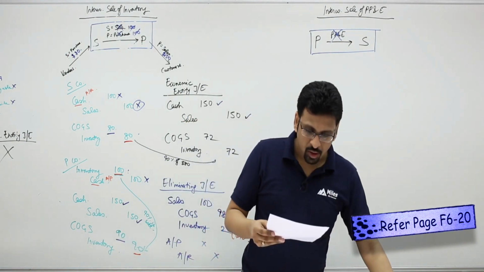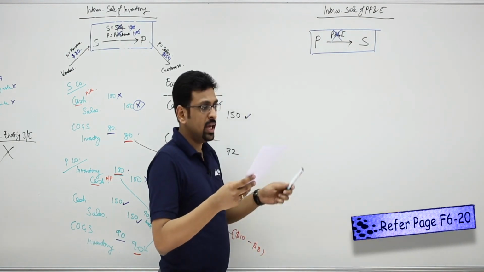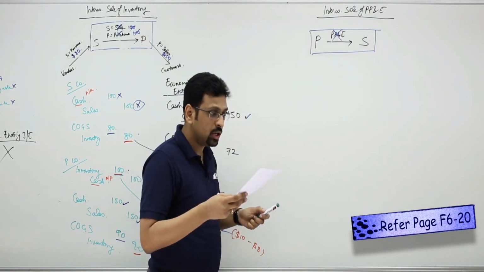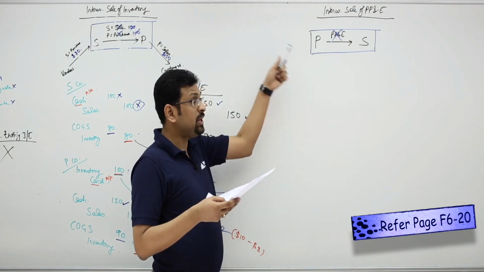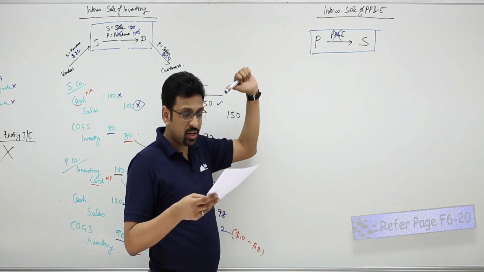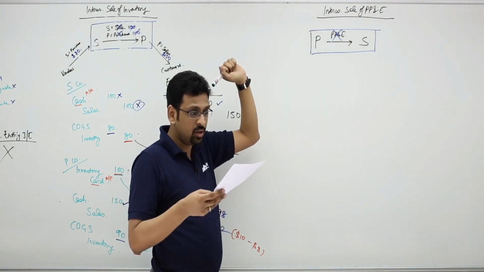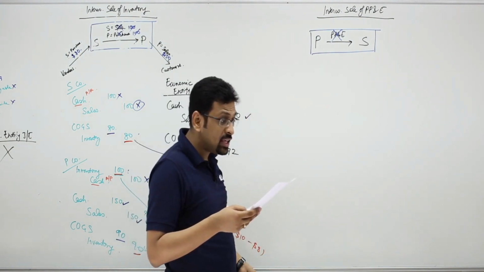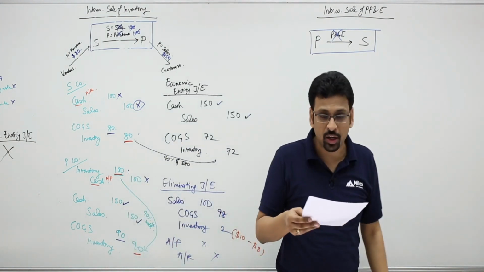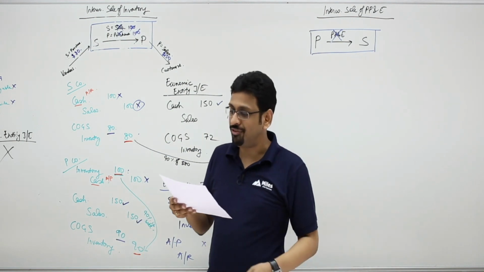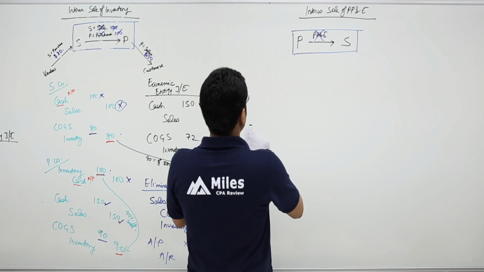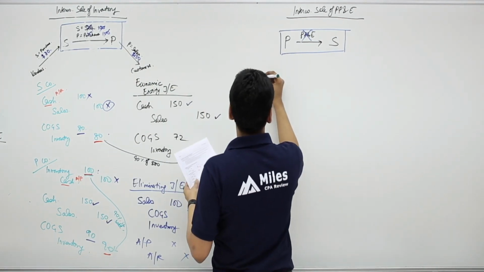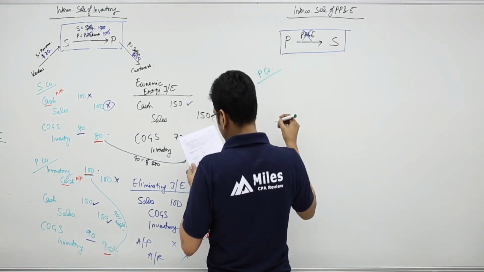So you have P company sold equipment with historical cost of $600 to S for cash of $500. So P company's historical cost was 600, cash they got from S was 500. The equipment had an accumulated depreciation of $300 with the remaining useful life of 10 years. So guys, let's look at what were the journal entries in the books of P company, the seller of the PP&E.